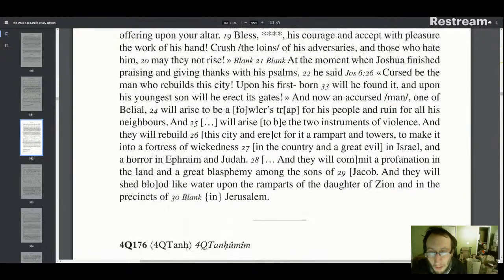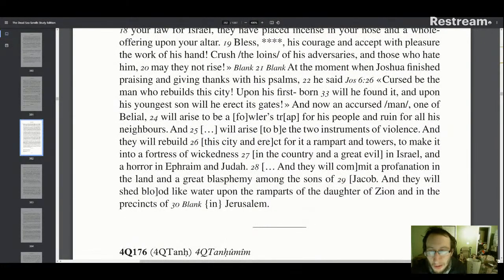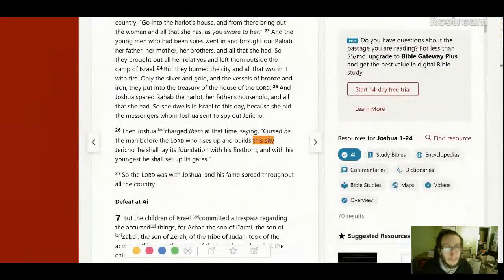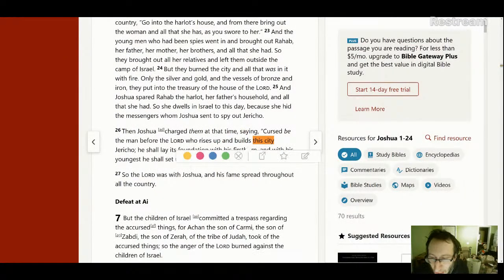Now, I will note that interestingly, it says, "the man who rebuilds this city," whereas our copies say in Joshua, "who rebuilds this city Jericho."